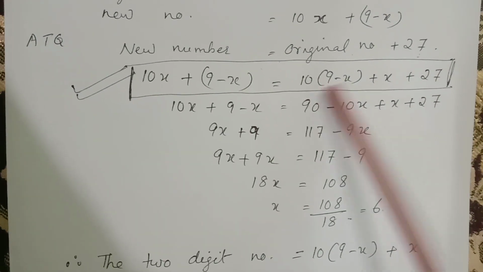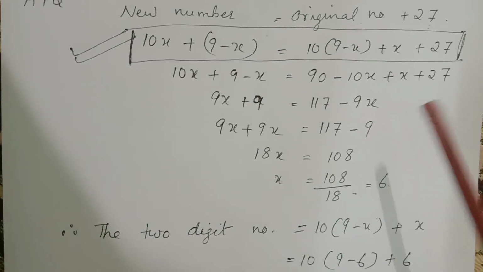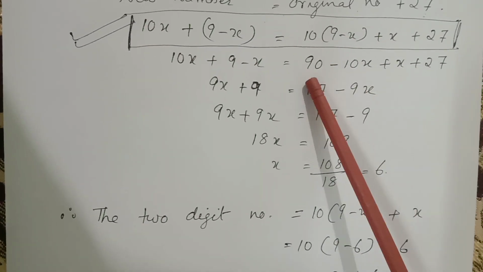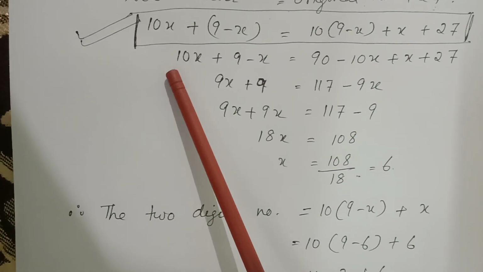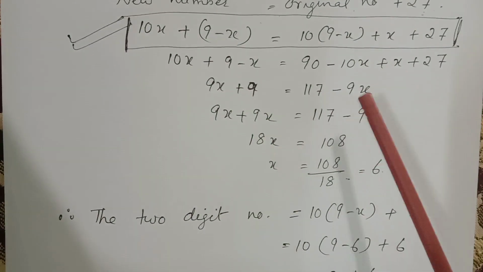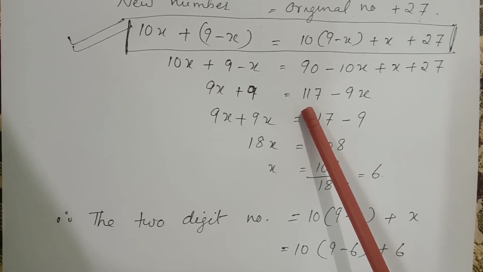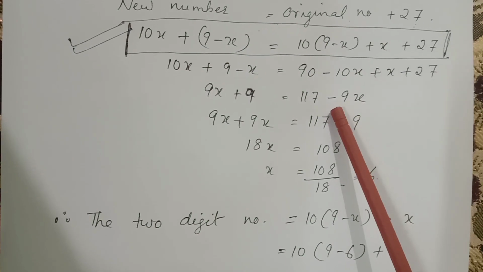The method was to open the bracket, collect all the like terms on one side and constants on the other side, then solve for x. Here you can see after opening the bracket, 90 minus 10x plus x plus 27, and here 10x minus x will become 9x and plus 9 as it is. Then 90 plus 27 is 117, and minus 10x plus x will become minus 9x.